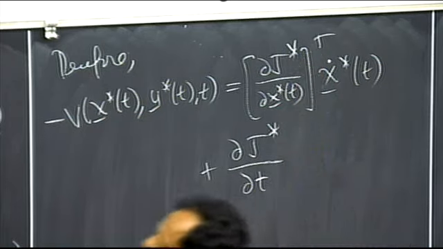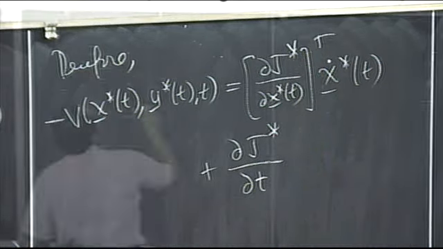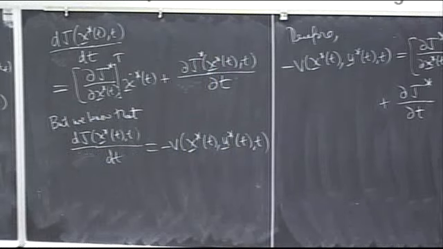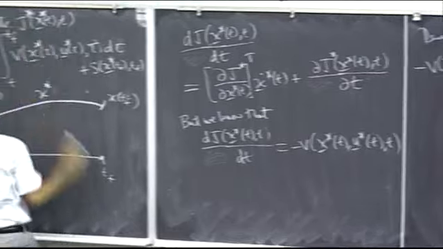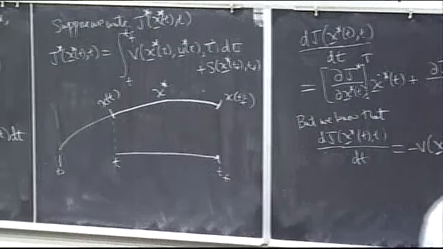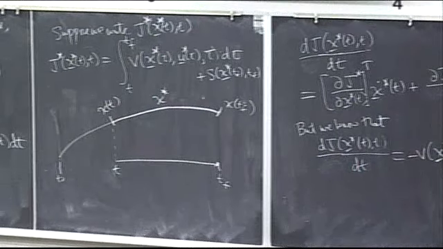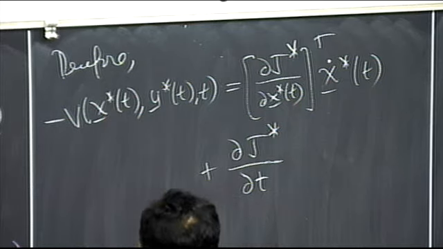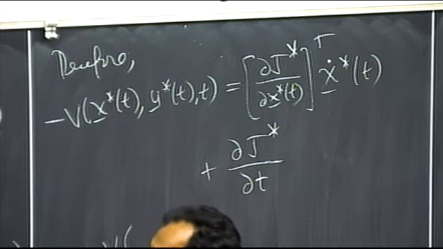There are a lot of stars. Now, what's x dot star of t? x dot star of t is equal to f, because that's my dynamic.